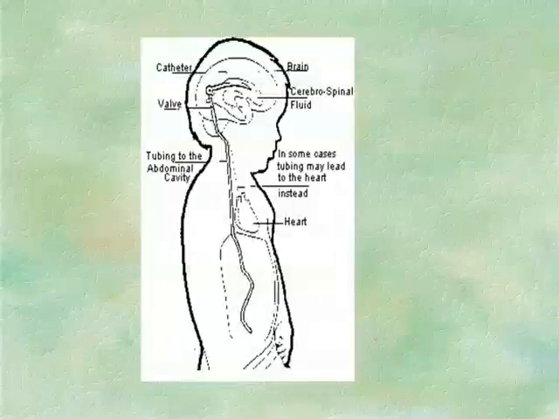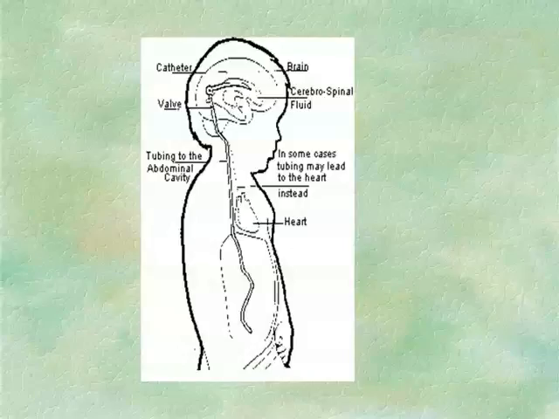This picture here is similar to the one in your textbook with that VP shunt. This picture also makes the comment that in some cases tubing may lead to the heart. That is no longer done. They used to have VA shunts, ventricular atrial shunts, but they don't do those anymore. It's strictly VP shunts now. When VP shunts came on the market, it really changed the face of hydrocephalus.